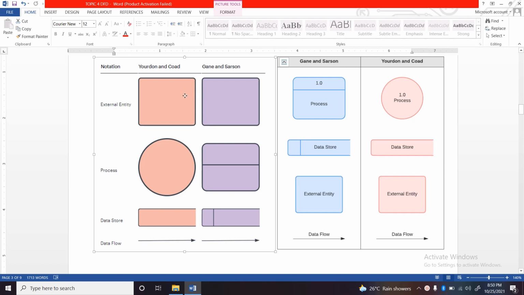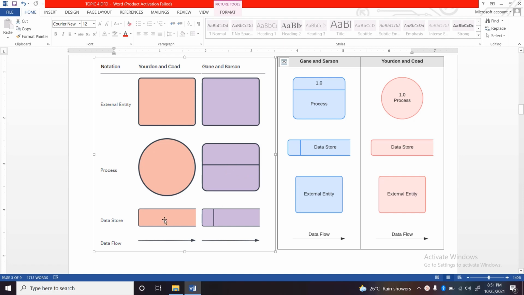So it uses a rectangle shape with a soft edge, and then we also have the circle for process for the Yourdon and Coad, and we also have a rectangle, or a square, I should say, with a soft-edged shape, with a line at the middle.